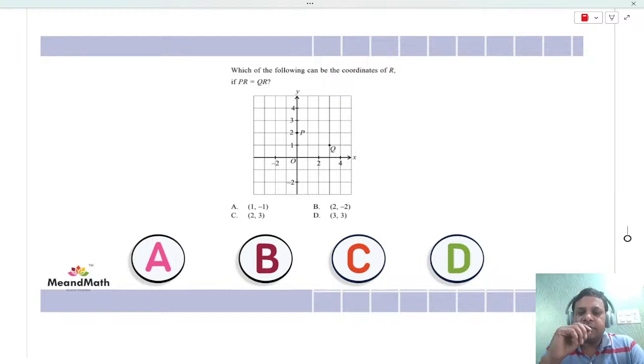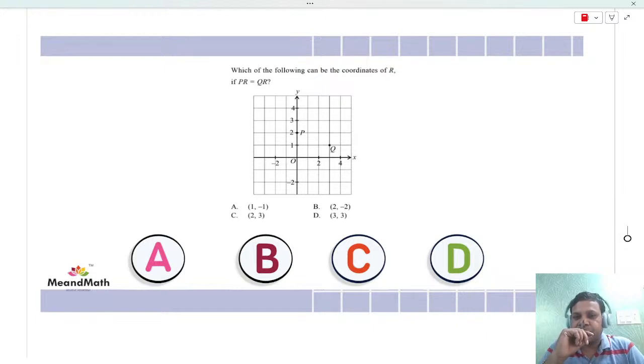If you look at the picture, you will not see the coordinates of R. So how do we find R? In this question, you have to assume a point R in the graph, and the condition PR is equal to QR must be satisfied.